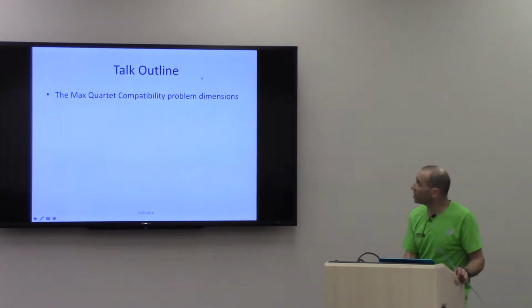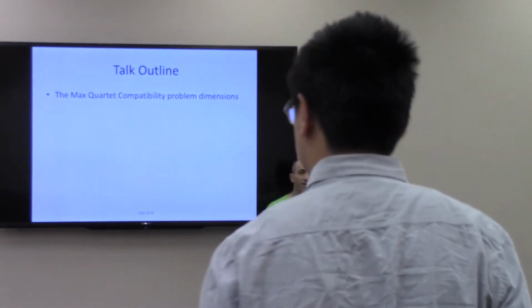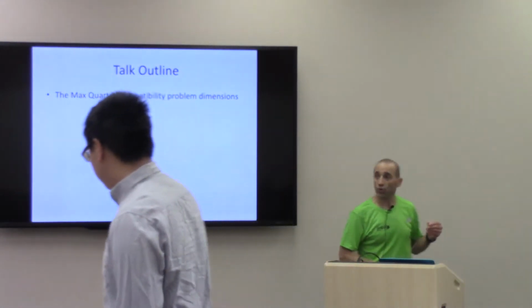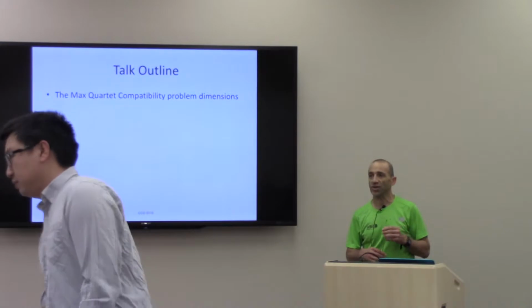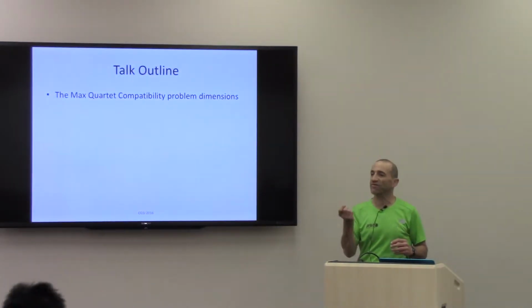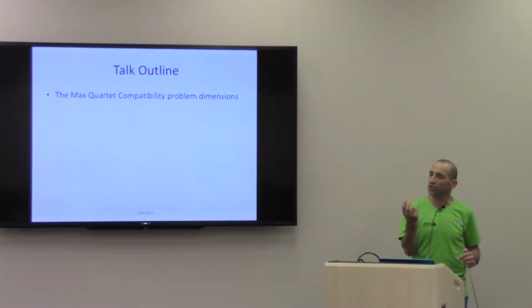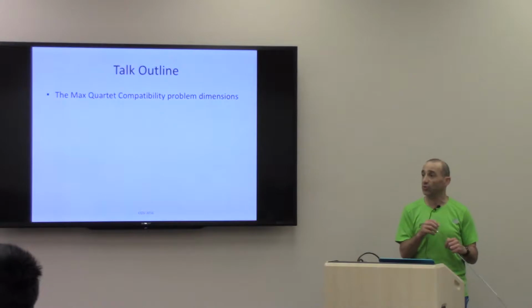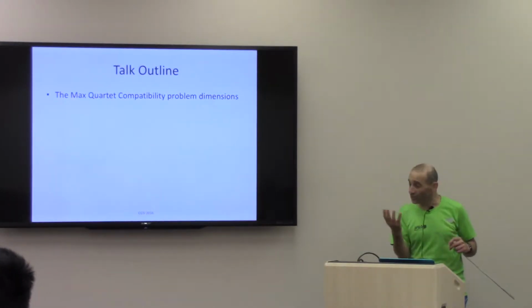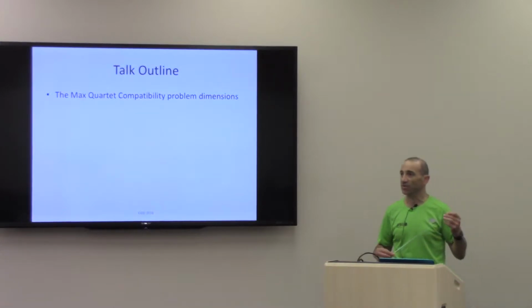Talk outline. Yesterday we discussed the maximum quartet compatibility. We showed that quartets are the most basic units, like the bits of phylogenetics, where any smaller unit than a quartet, which is a triplet or unrooted triplet, is informationless.